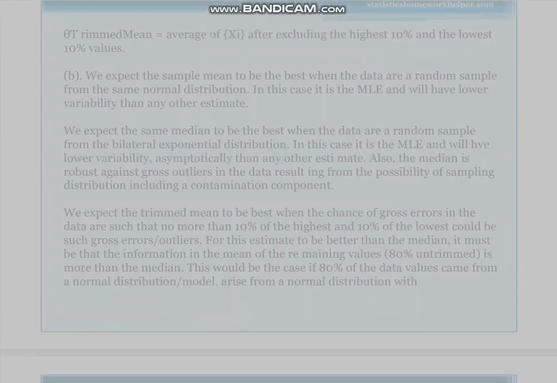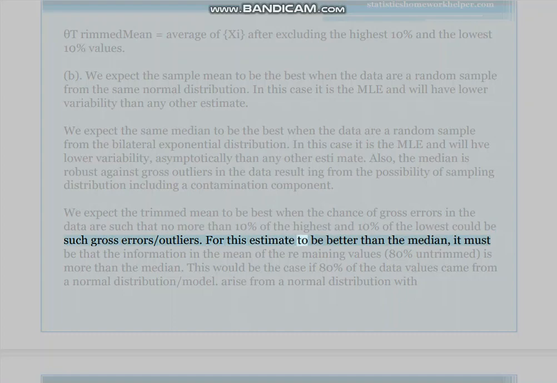Also, the median is robust against gross outliers in the data resulting from the possibility of a sampling distribution including a contamination component. We expect the trimmed mean to be best when the chance of gross errors in the data is such that no more than 10% of the highest and 10% of the lowest could be such gross errors or outliers.